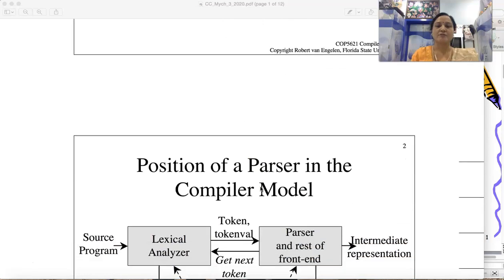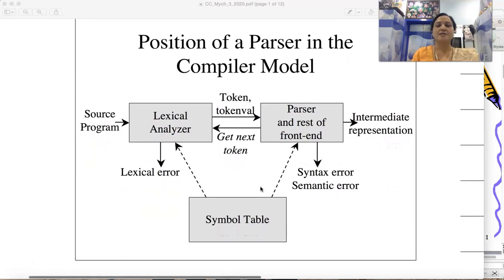So in the model of compiler, this is the position of the parser. The parser requests the lexical analyzer to get the next token whenever required. The lexical analyzer will read the source program character by character, separate it into tokens and give these tokens to the parser. The responsibility of the parser is to combine these tokens to form a syntactic structure or a statement of the programming language.